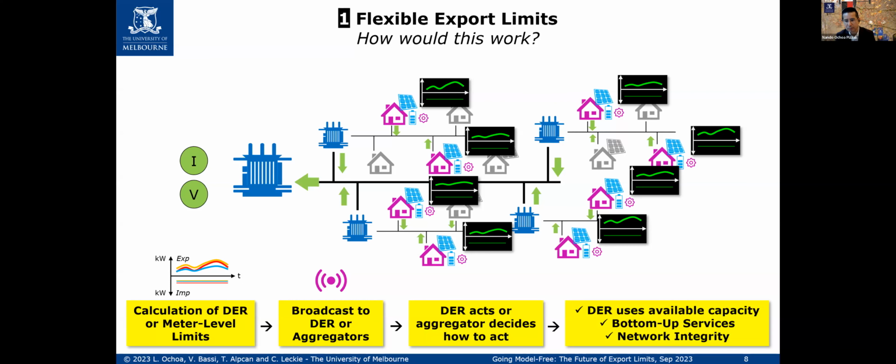And with that, we make sure that distributed energy resources, not just photovoltaics, everything, will use the available capacity at that moment in time, if they wish to, of course. We can enable bottom-up services for aggregators, and we ensure, very importantly, that the poles and wires are okay. Not just the assets, but also the voltages. They are very important for us, so that we do not have our PV inverters tripping on some other power quality issues.